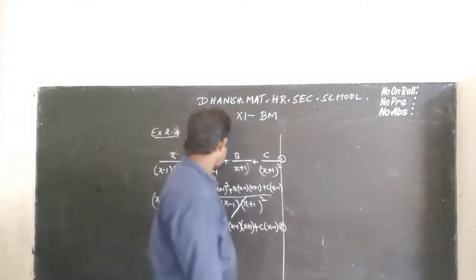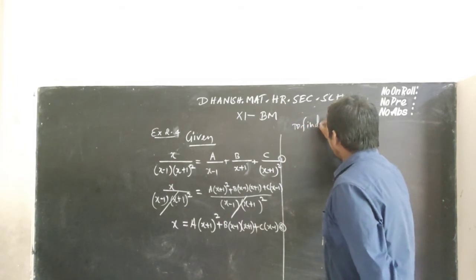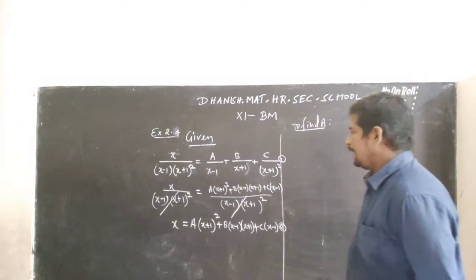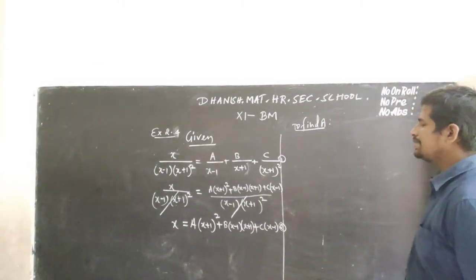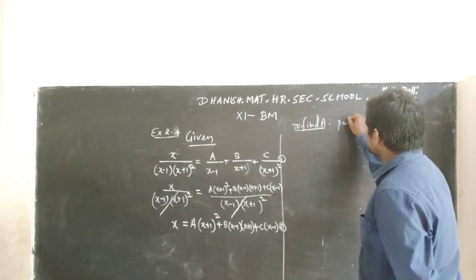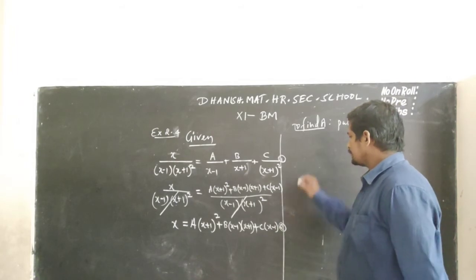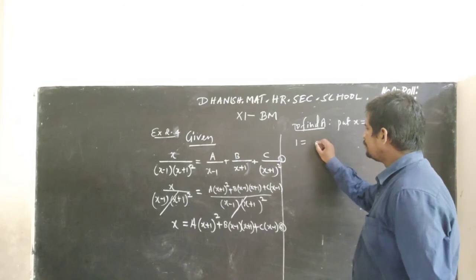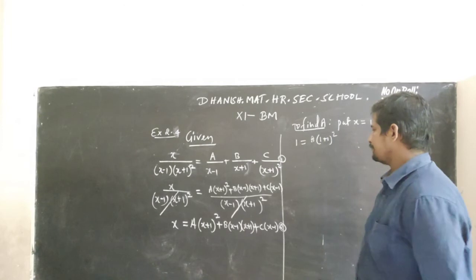Now to find A, in order to find A, the B and C terms should become 0. If you want to make B and C terms 0, we are going to put x as plus 1. 1 equal to A into 1 plus 1 whole square.